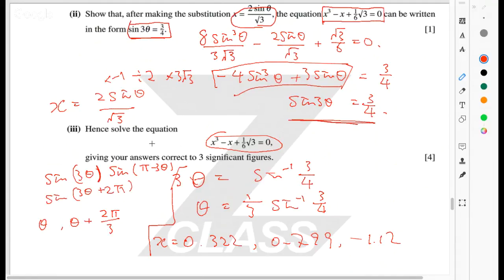So you will have two more values in the same interval, and that makes sense. But for sine 2 theta, you'll only have 1 more value. For example, sine 3 theta repeats itself every 120 degrees, but sine 2 theta repeats itself every 180 degrees, and sine theta repeats itself every 360 degrees. That makes sense.